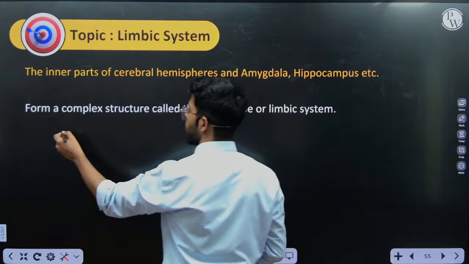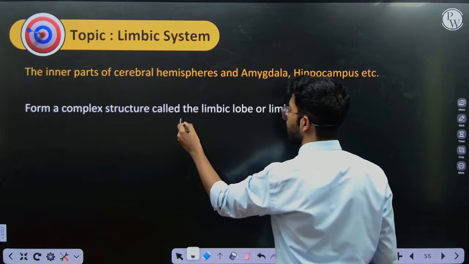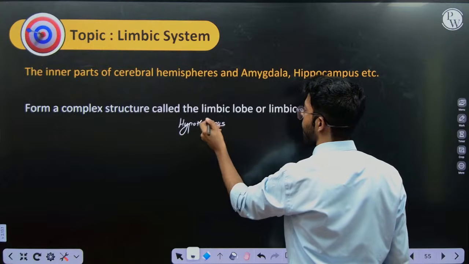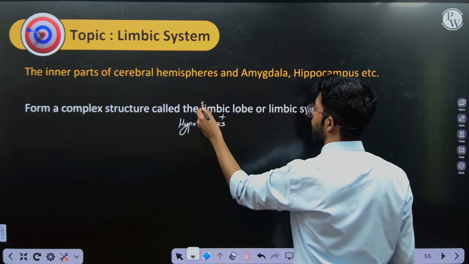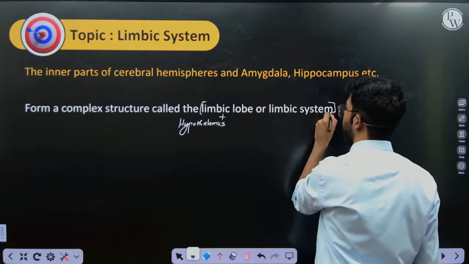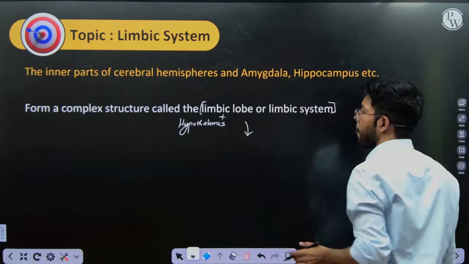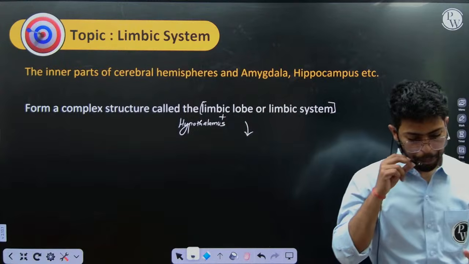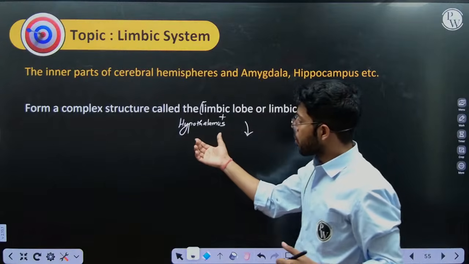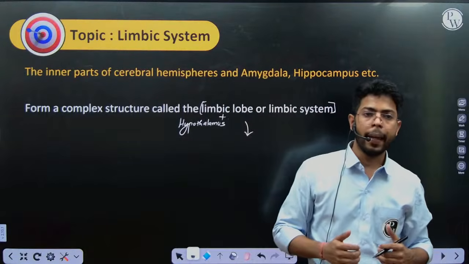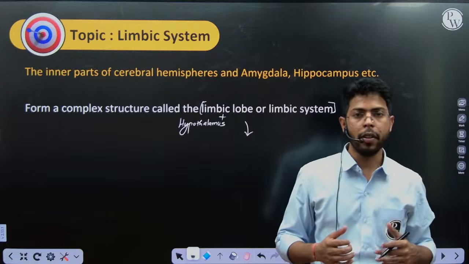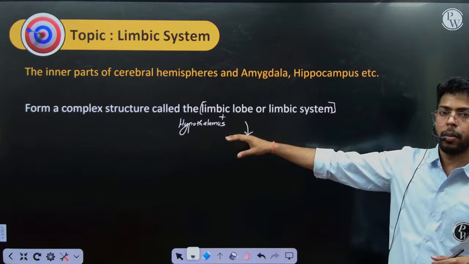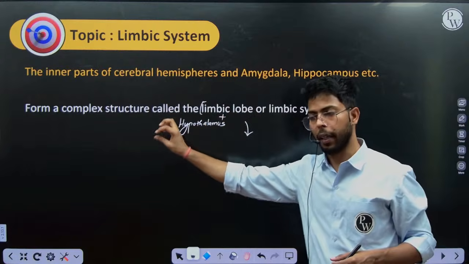Along with the hypothalamus, it can control our emotional balance, and also the fear, excitement, rage, and motivation centers. So the limbic system along with the hypothalamus is responsible for these activities.